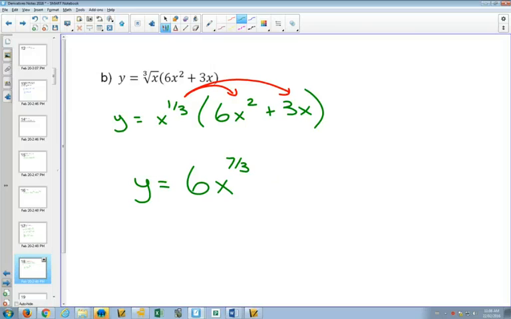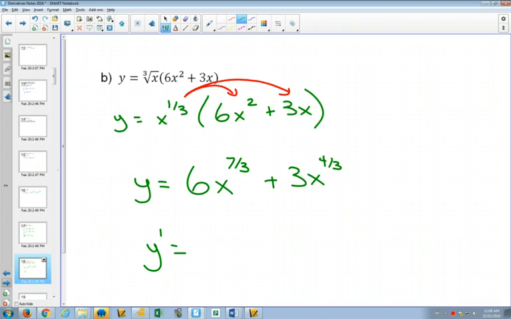Same thing when we multiply the x to the 1/3 times 3x. Can you see that you'll get x to the 4/3? Because 1/3 plus 1 is the same as 1/3 plus 3/3. And now we can find our derivative.